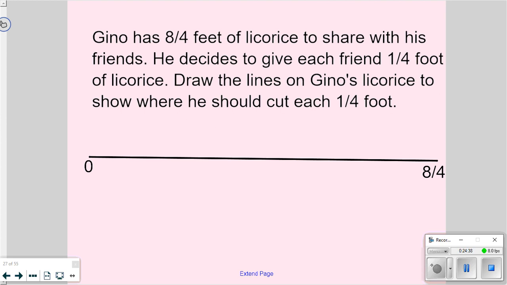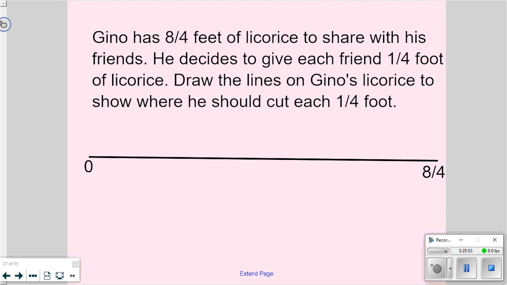Colby gave us a really good hint. He said, hey, I know I've got 1/4 pieces, and I know my total length is 8/4, so I probably need 8 pieces. Look at your number line. Is your number line cut up into 8 pieces?